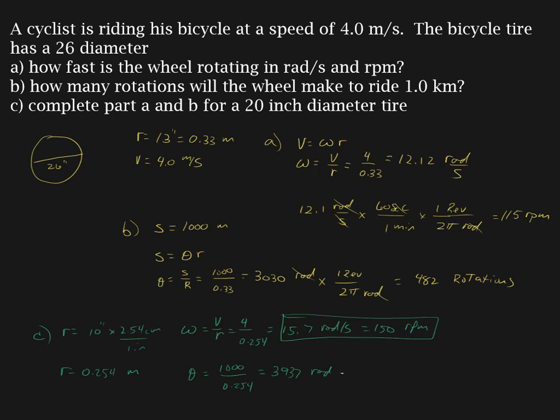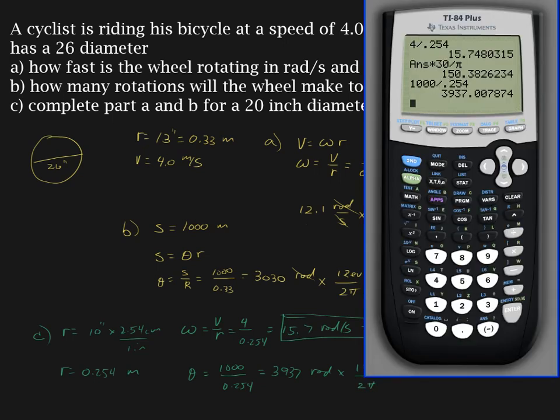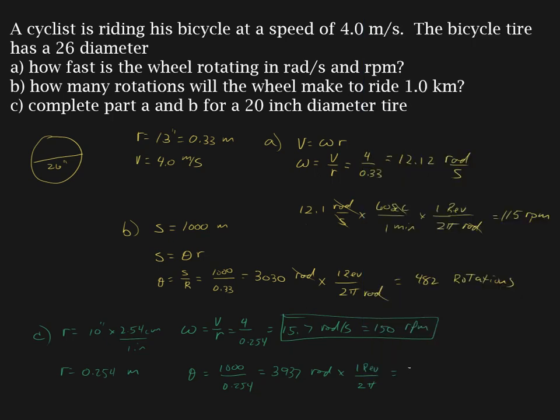All we have to do now is convert that into rotations or revolutions. So 3,937 radians times 1 revolution over 2 pi. We divide this by 2, and we divide it by pi. And that's 627 rotations.